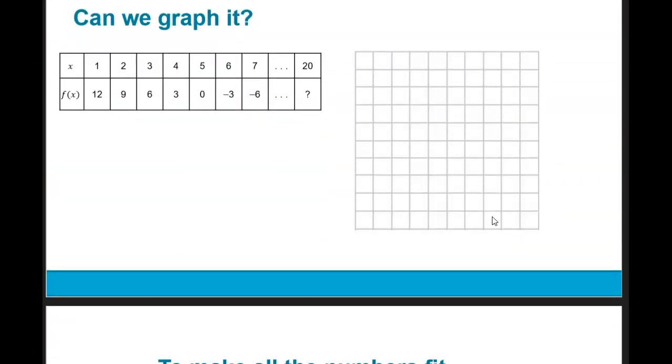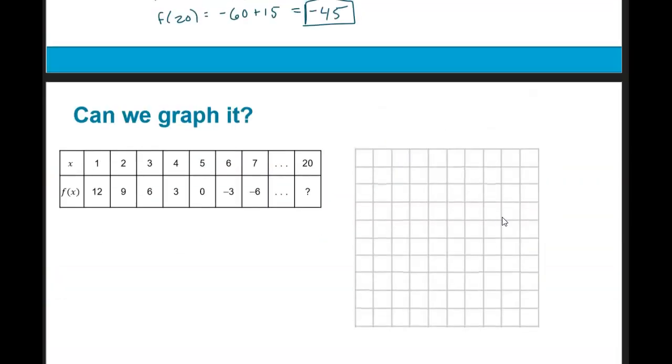Another thing we could do is we could utilize graphs. Now we haven't looked at graphs in a little bit. And one of the problems here with this graph is that we have too big of numbers for this square. This square only has 11 lines up and across, and we need to go to at least 20 to get all the x's in.